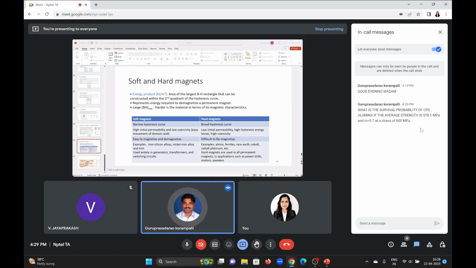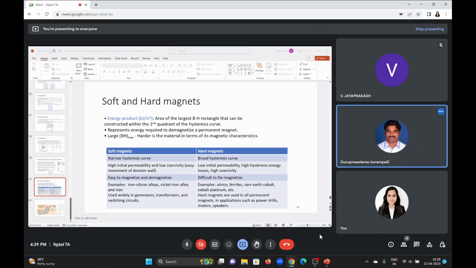Regarding Miller indices, also one question: what are the Miller indices of the direction that intersects the x, y, and z axes at 2, 3, and 6 units respectively?